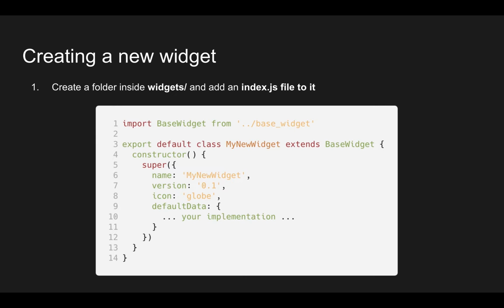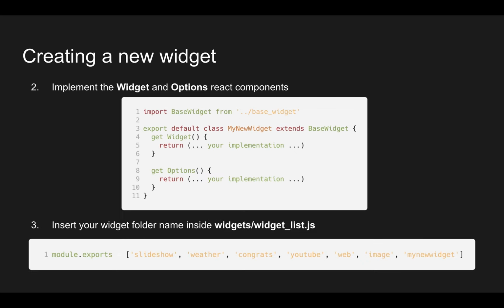To create a new widget, it is as simple as creating a new folder inside the widgets folder, adding an index.js file to it, and then filling it with all the information about the widget, such as the name, the version, the icon, and then any default data that your widget will need. Once that's done, all you need is to implement two getter methods, widget and options.